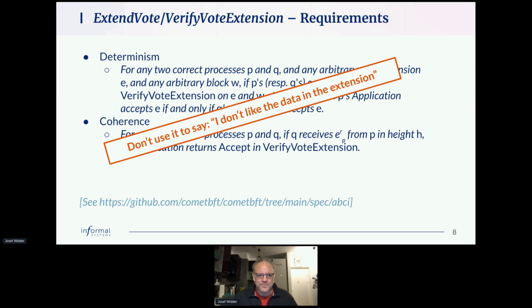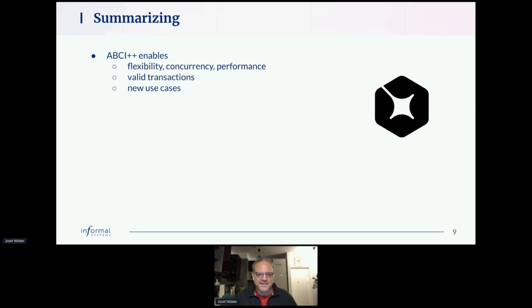That's the message here. So to summarize, ABCI++ enables flexibility, concurrency, performance, and new ways in which the application can use consensus and interfere with it. We can make sure that all transactions that make it on the chain are valid. It has a couple of new use cases, and I have only sketched a couple of them in this talk.